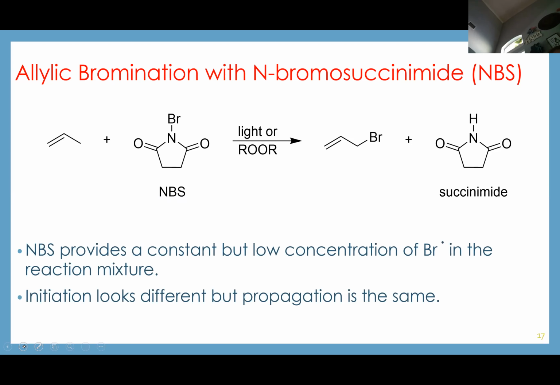The initiation in this reaction looks different, but propagation and termination are more or less the same idea, and the outcome is the same. I'm not overly worried about you understanding how the initiation occurs, as long as you know what the product is going to look like.